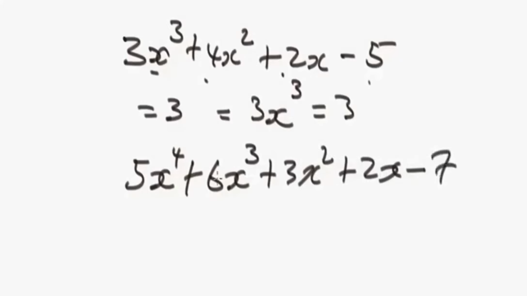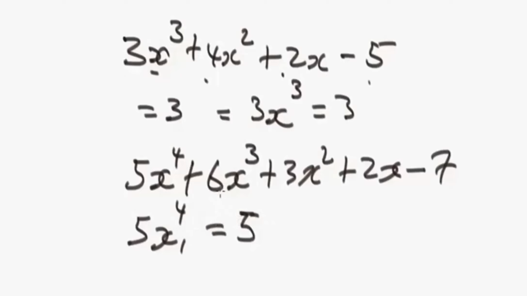This is a quartic polynomial with the highest power of x being 4. The leading term here will be 5x to the power 4, and the leading coefficient will be 5. The coefficient of 5x to the power 4 here is 5. So this is it for quartic polynomial.